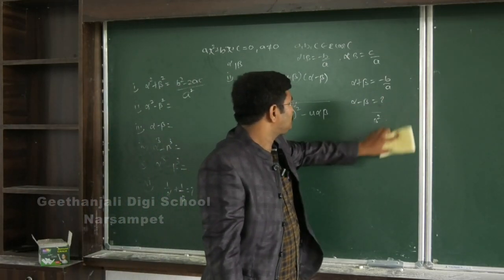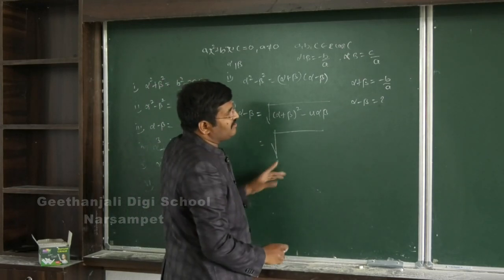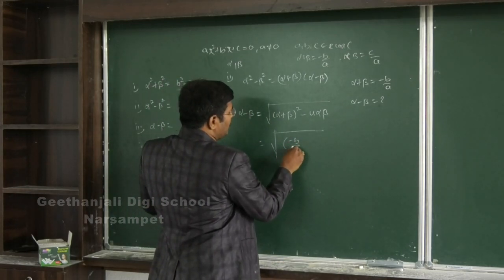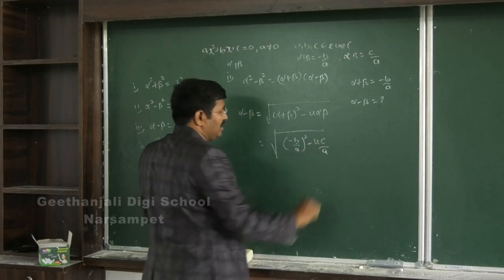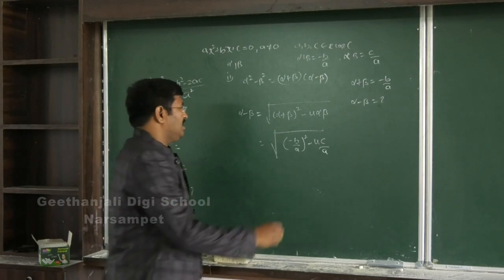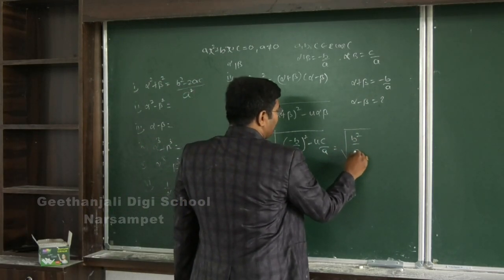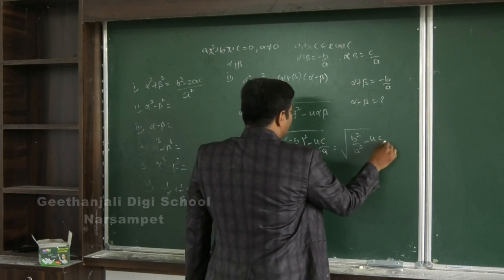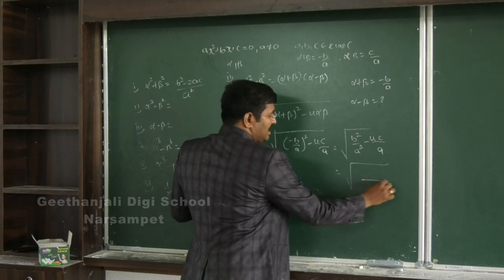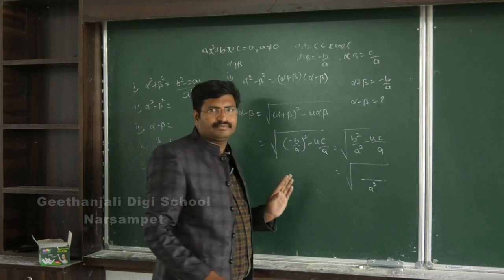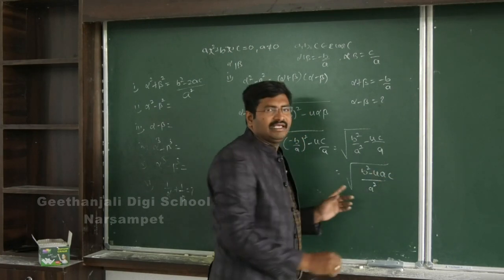Then alpha minus beta you can express as root of alpha plus beta whole square minus 4 alpha beta. And now alpha plus beta is the value minus b by a, whole square, minus 4 c by a, that is equal to b square by a square minus 4c by a. Now you will take the LCM, a square is the LCM, then b square minus 4ac by a square.